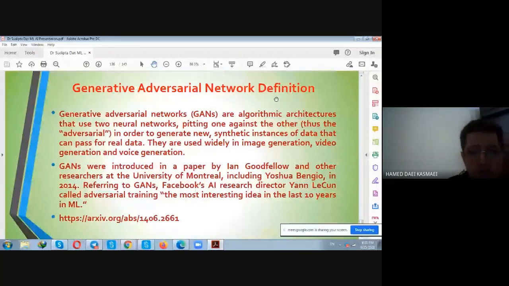GANs were introduced in a paper by Ian Goodfellow and other researchers at the University of Montreal, Canada, including Yoshua Bengio, in 2014. Facebook's AI research director Yann LeCun called adversarial training the most interesting idea in the last 10 years in ML. You can see the arXiv paper here.